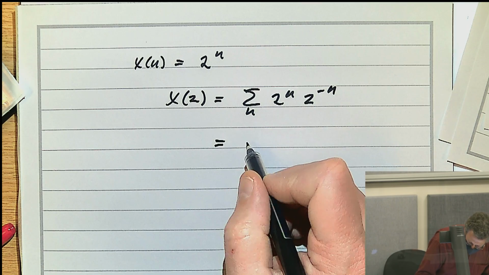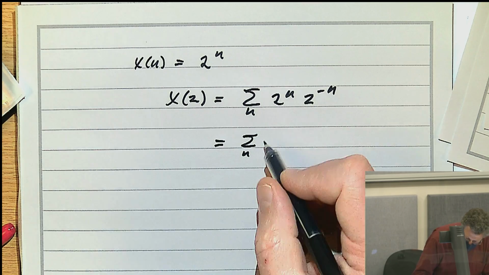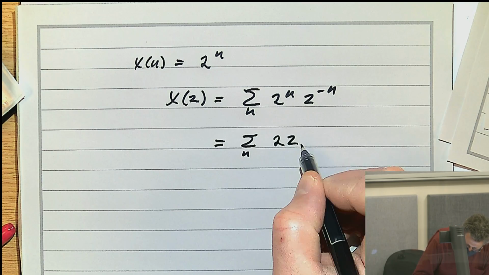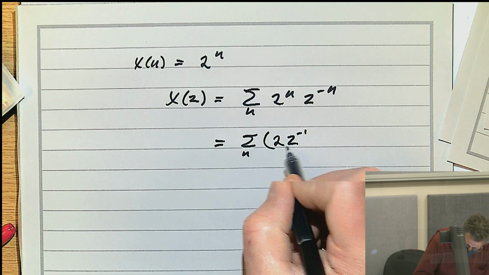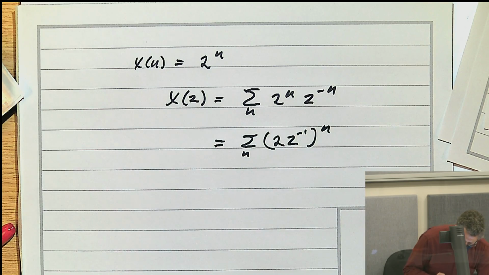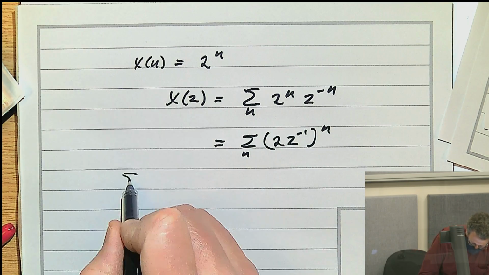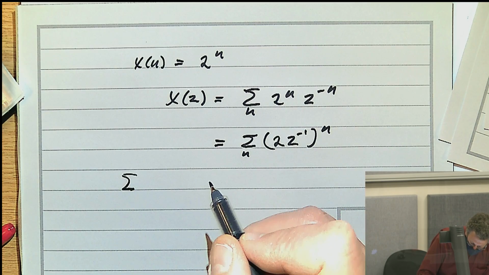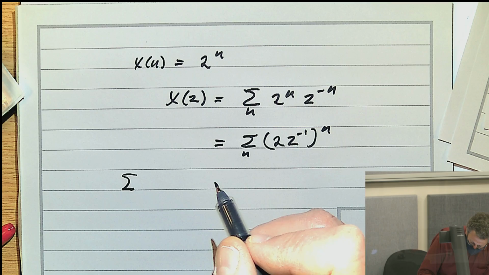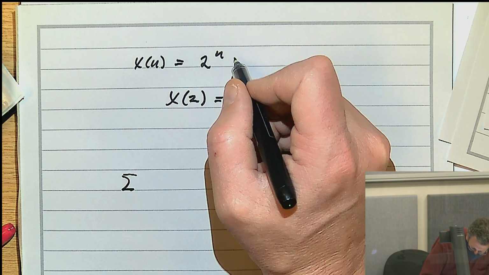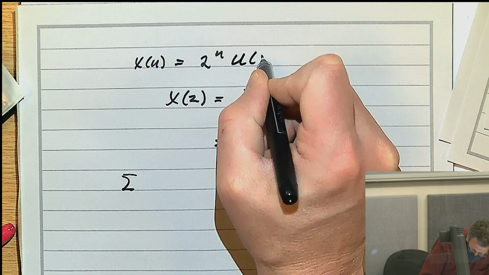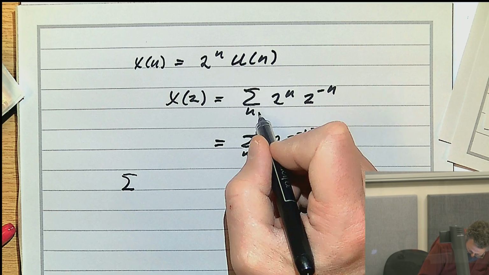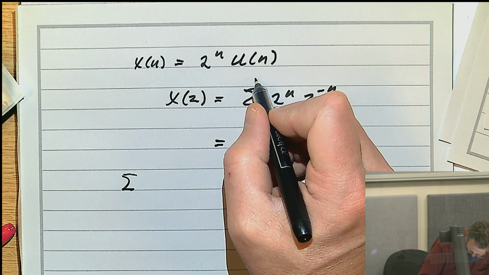So this is equal to the sum over n of 2 times z to the minus 1, to the n, times u of n. So this is n equals 0 to infinity.